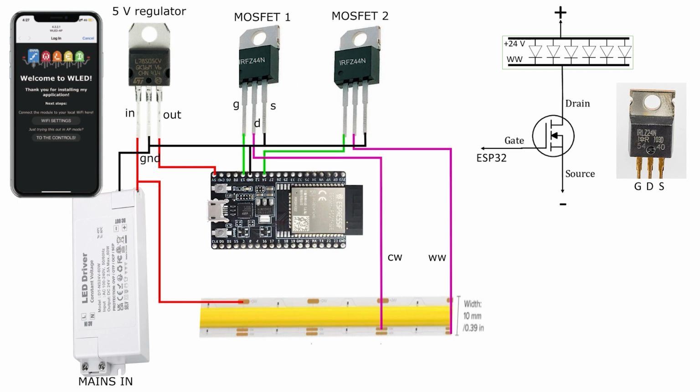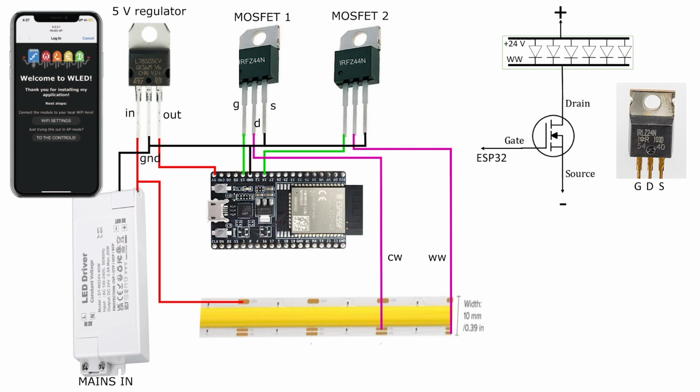So if we connect the drain of our MOSFET to the LED strip, the WW or the CW, when we turn the MOSFET on, current will basically flow from the positive to the negative and through the LEDs, making them light up. So that's how the LED strip's actually configured, and that's not really clear from any resources I saw online.